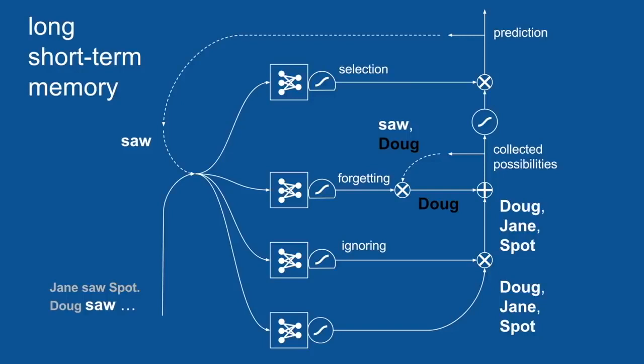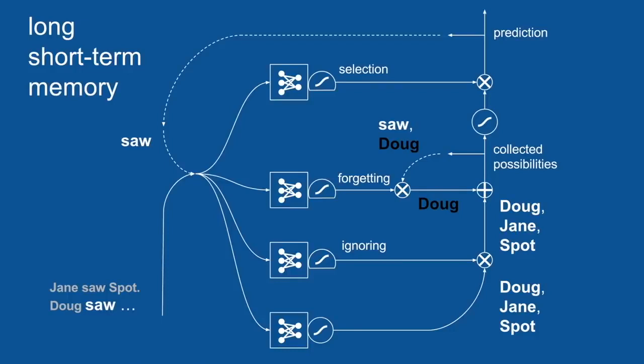Now, the other thing that happened is our previous set of possibilities, the word saw and not Doug, that we were maintaining internally, get passed to a forgetting gate. The forgetting gate says, hey, my last word that occurred was the word saw.